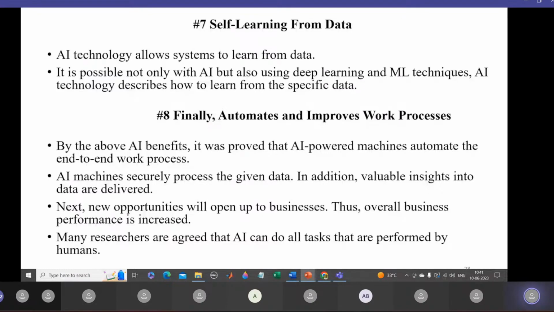Tell me what is AI, what is data science, because it is learning from the data. Anyone working with data science, data analyst, data processing?